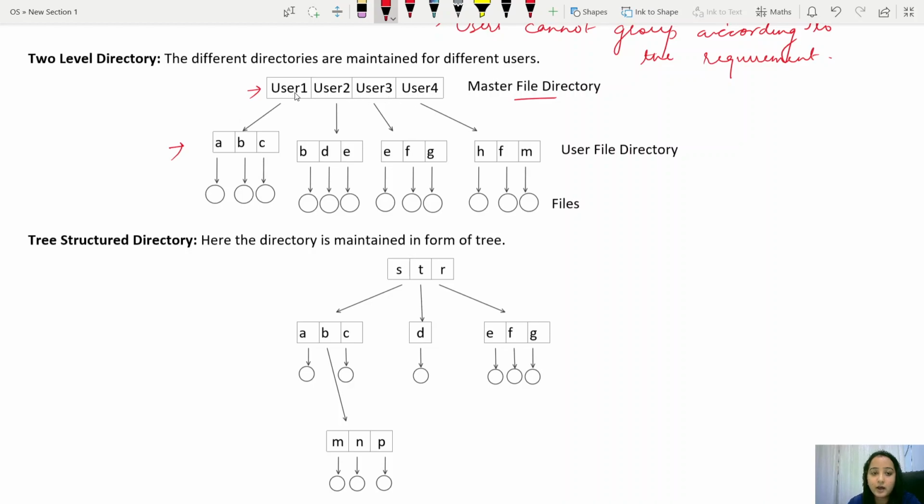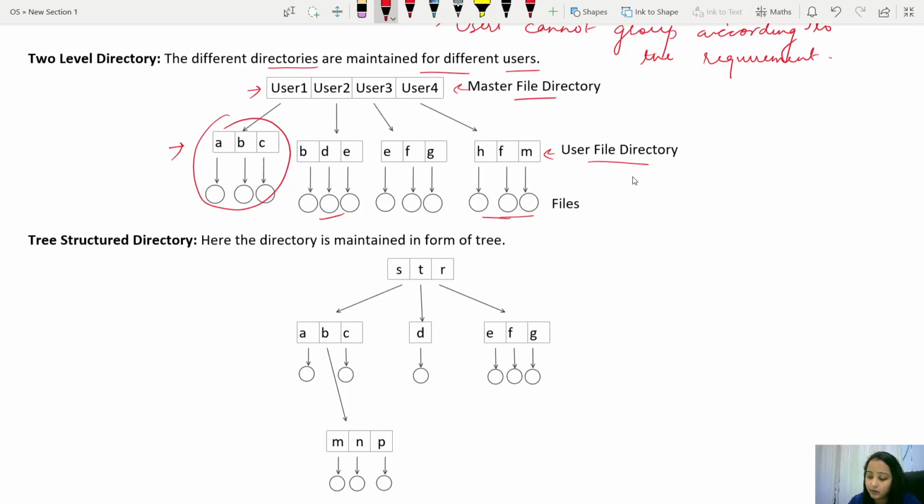Suppose we have 4 users here, user 1, user 2, user 3 and user 4. Different directories are maintained for the different users. This we call the master file directory, this we call the user file directory. And here we have the data in the files. So the directory is maintained level wise. We have 2 levels here.